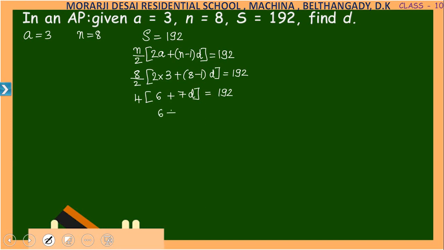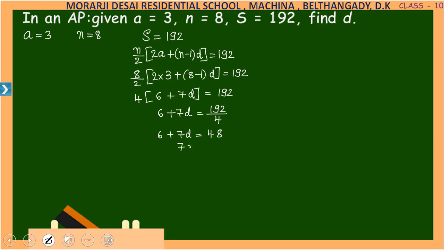6 plus 7D is equal to 192 by 4. That is 6 plus 7D is equal to 48. 4 8s are 32, so 4 4s are 16, 17, 18, 19, 3 remains, 48.